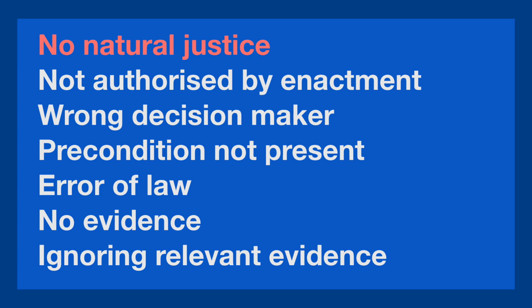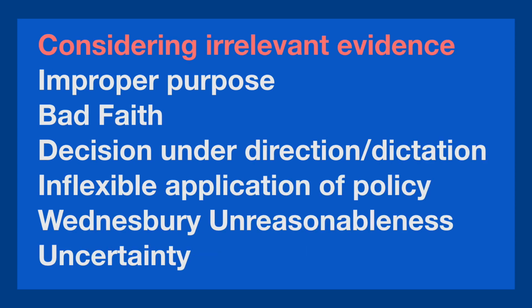We know the decision is invalid if it's not authorised by an enactment, if the wrong person makes the decision, or if some process or precondition has to exist before the decision-making power comes into effect, but that condition doesn't actually exist. We know the decision is invalid if there's an error of law. We know it's invalid if there's no evidence of a key fact, or if the decision maker either ignores relevant evidence or considers irrelevant evidence. We know the decision is invalid if it's made for an improper purpose.